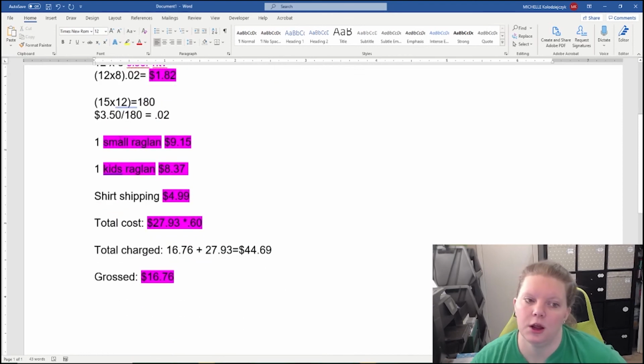Now currently on Shirt Space for Bella Canvas raglans, which I think they're 200 in January of 2021, the small raglan is $9.15. The kids raglan is $8.37. So these raglans are a little bit pricier.